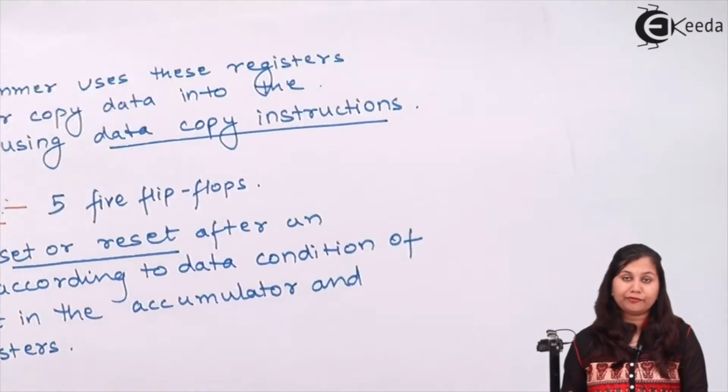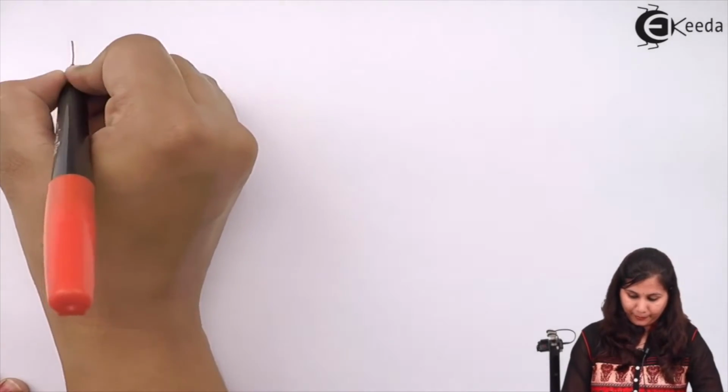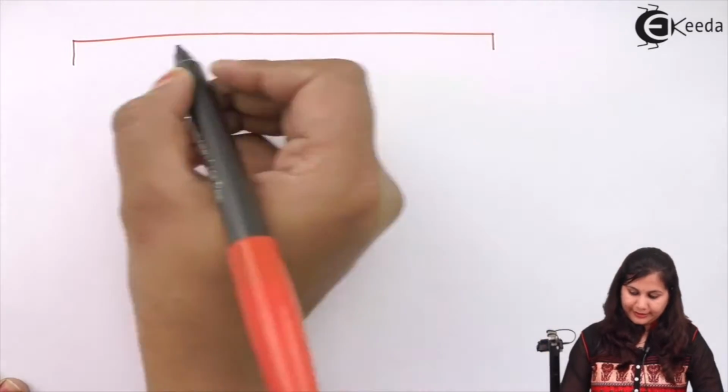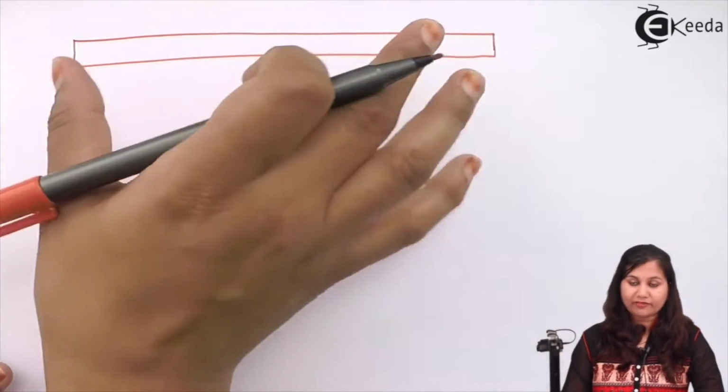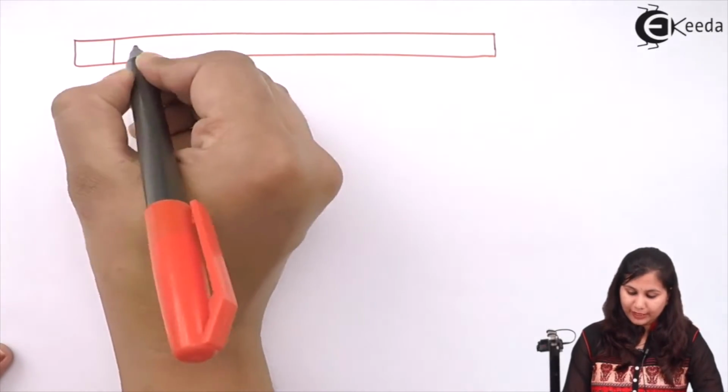So the 5 flip-flops or the 5 flags are in the flag register, which is an 8-bit register. Let us divide the various bits.